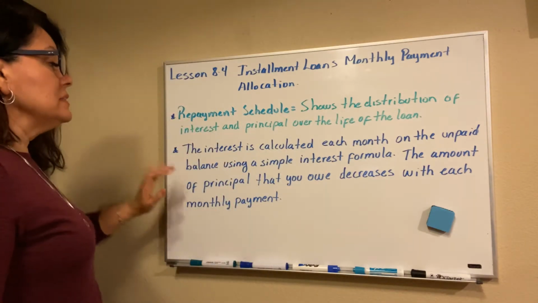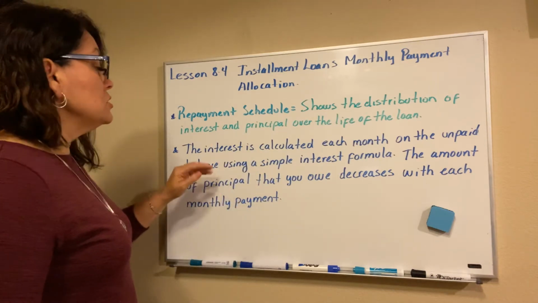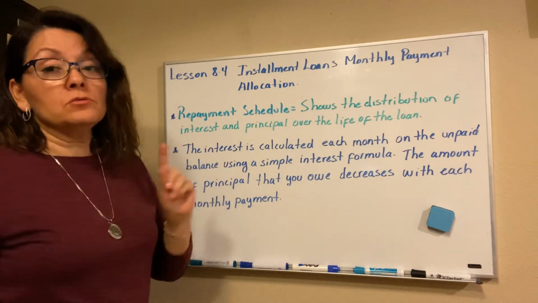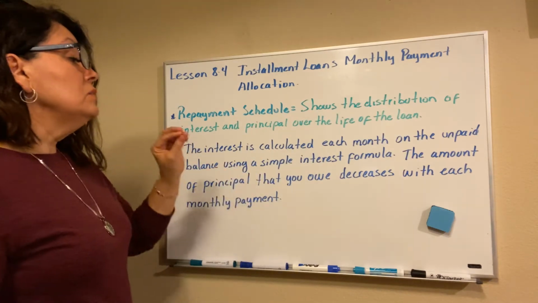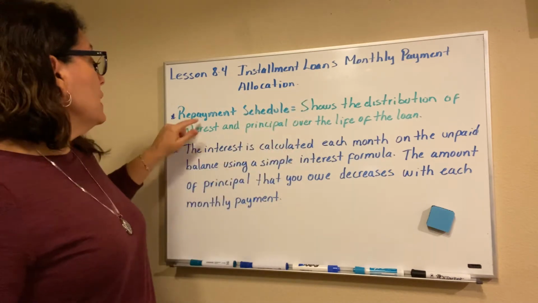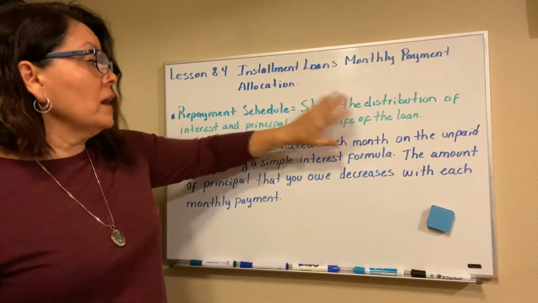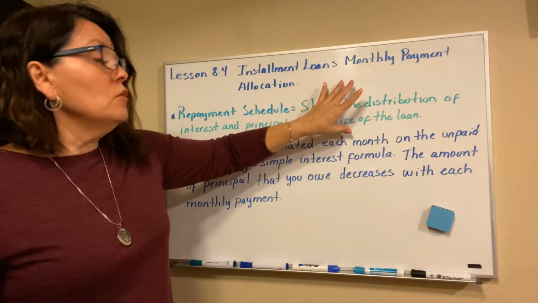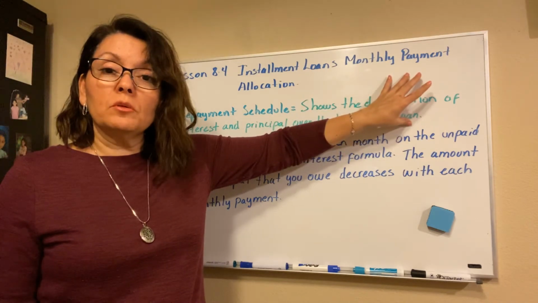So the interest is calculated each month on the unpaid balance using a simple interest formula. The amount of the principal that you owe decreases with each monthly payment. So that's why it is on the repayment schedule. It says, okay, I paid $300, $50 goes to the interest, so $250 goes to the principal.